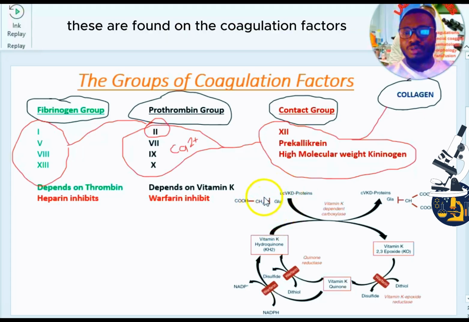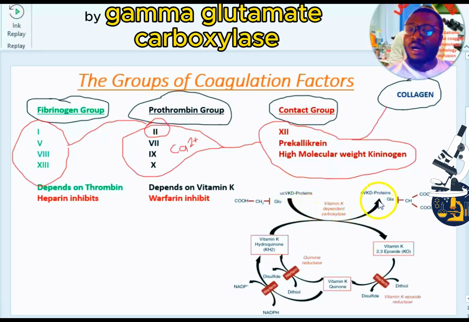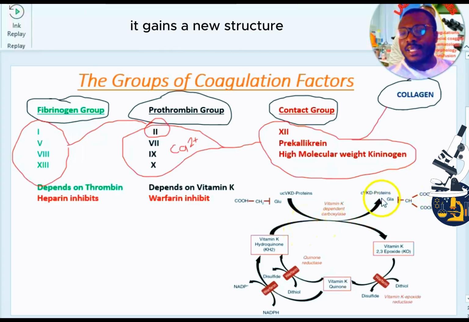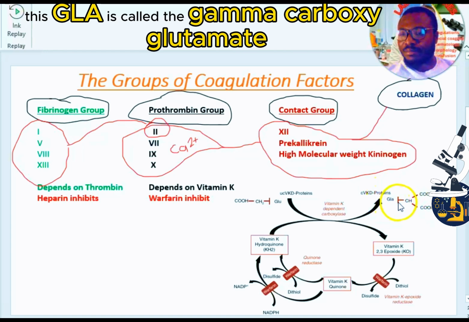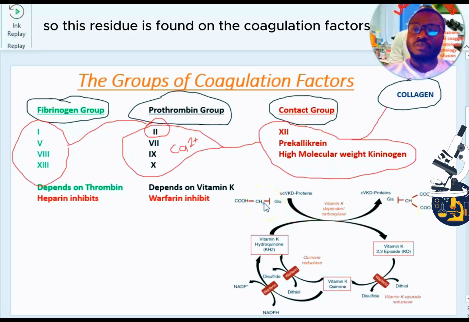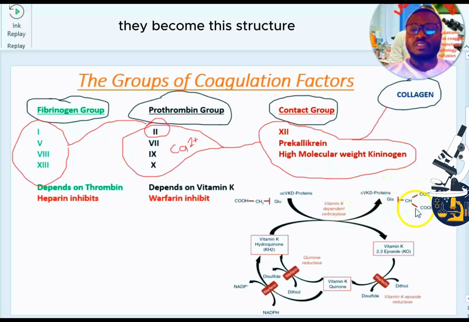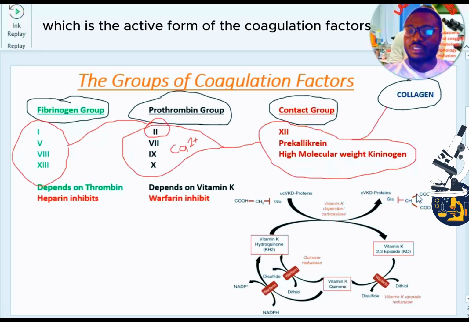These are found on the coagulation factors, and when it undergoes carboxylation by gamma-glutamyl carboxylase, it gains a new structure. This GLA is called gamma-carboxyglutamate. This makes that coagulation factor active. So this residue is found on the coagulation factors, and by the carboxylation process, they become this structure, which is the active form of the coagulation factors.